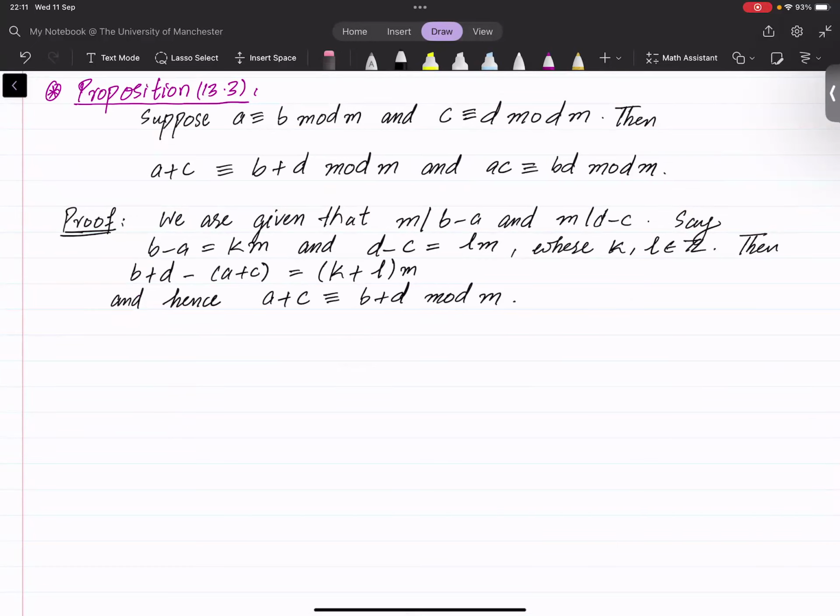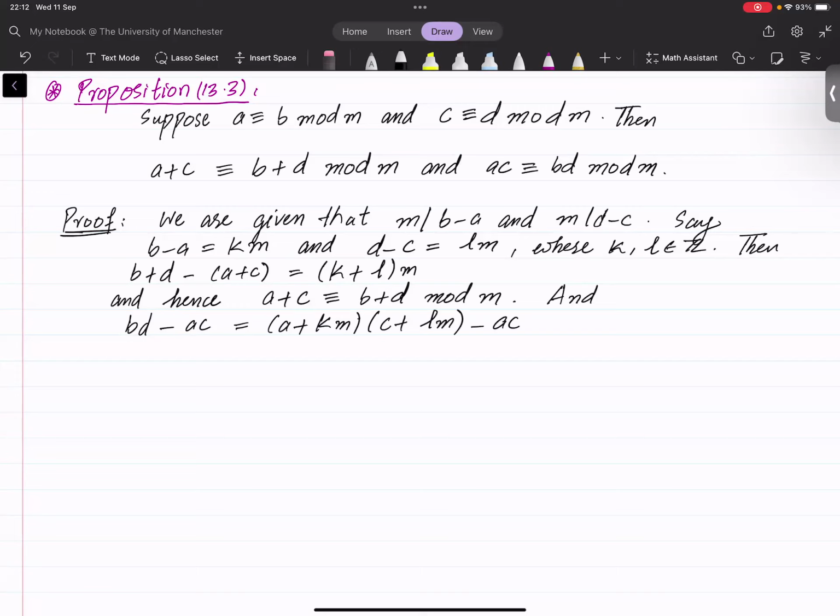Okay. And bd minus ac is a plus km times c plus lm, minus ac.